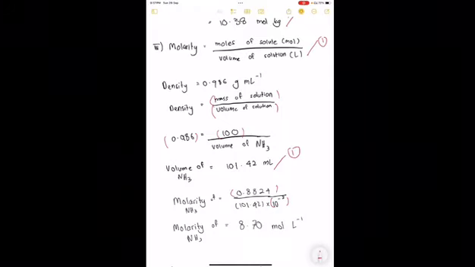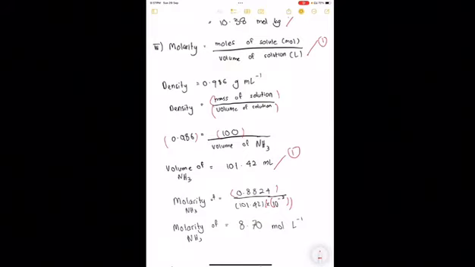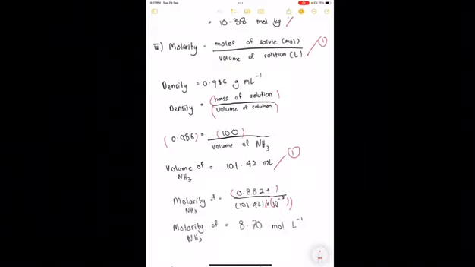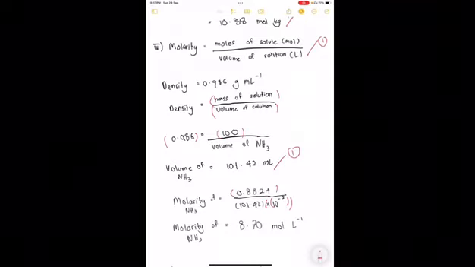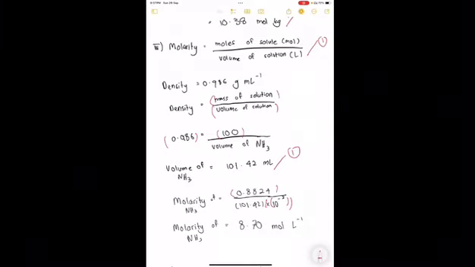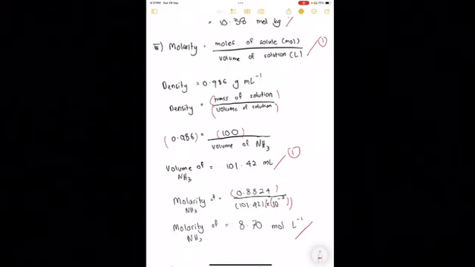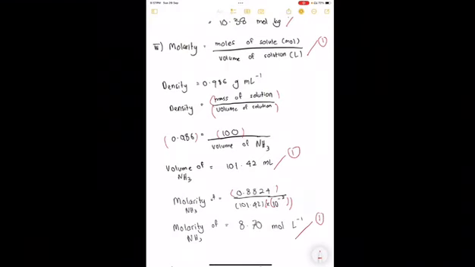So we need to put this in order to convert it. You also can convert the value before substituting inside the formula. So after we substitute the value, we get the molarity, which is 8.70 mol L negative 1. So we can get one more mark over here.